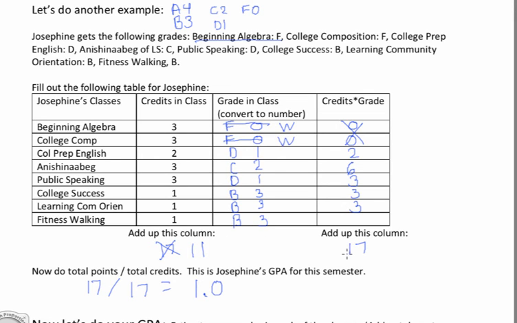And now she's got 17 points divided by only the 11 credits. So if she withdraws and takes a W, instead of failing those classes, now she's at a 1.55 average GPA. So withdrawing classes that you're going to fail will give you a better GPA.